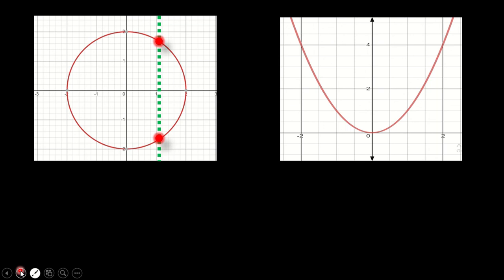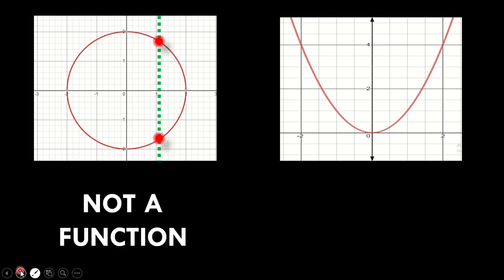So if that's the case, it violates the idea that the graph can be a function. As you remember, by the definition of the vertical line test, the vertical line should only intersect at one point. So in this case, this is not a function. A circle is not a function.